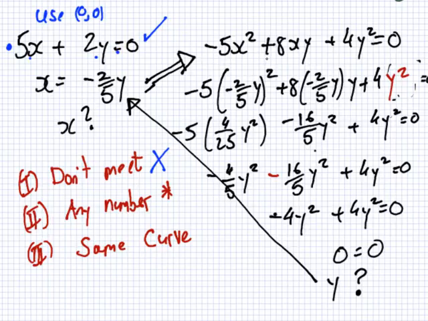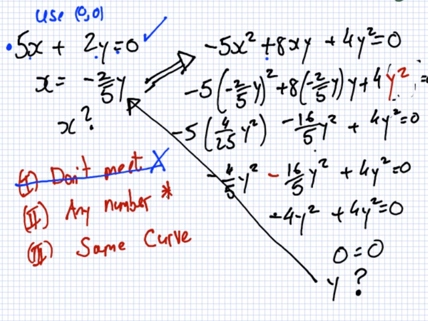Yes. So if 0, 0's on this and 0, 0's on this, then they must meet at 0, 0. So we can't say that they don't meet. They do meet at least once. So it's not that they're parallel. Now, the question is, could we use any numbers?